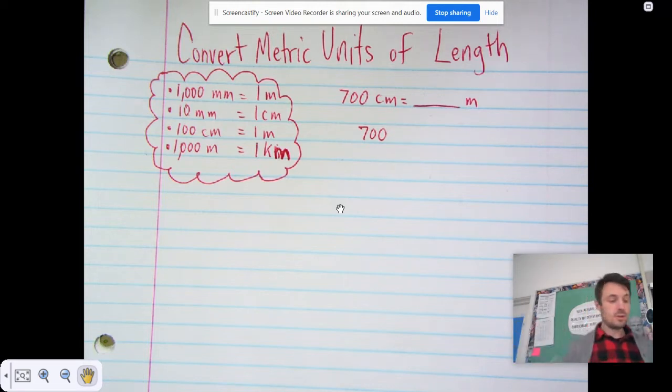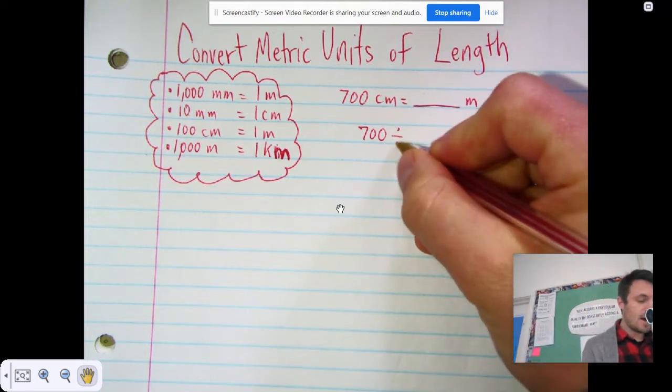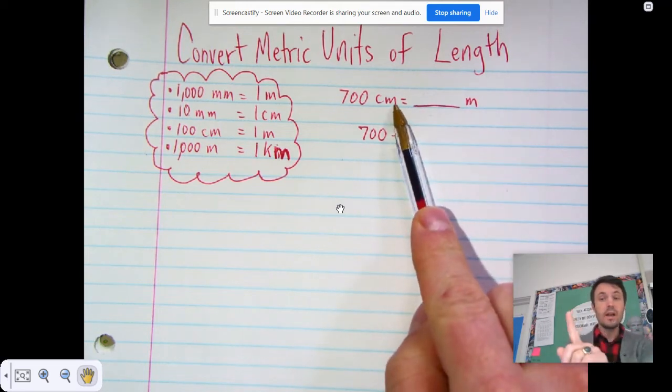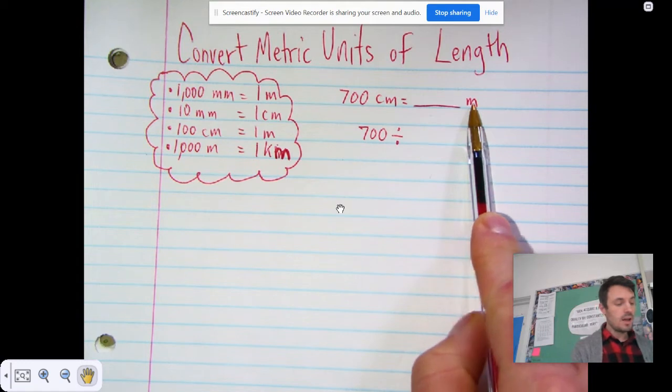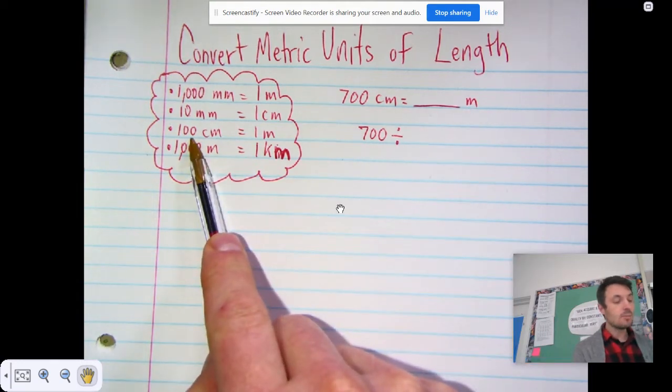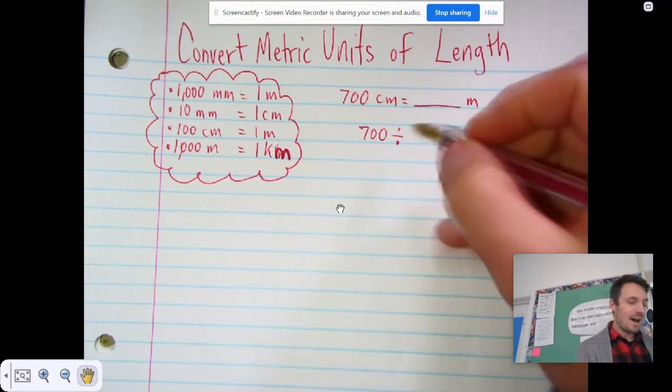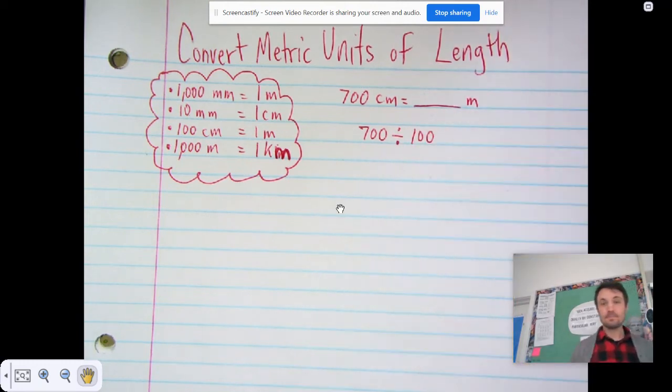So we divide. So it's going to be 700 divided by the amount of the smaller unit that can fit into one of the larger unit. And since there's 100 centimeters in 1 meter, we divide 700 by 100. And the cool thing about dividing and multiplying by powers of 10 is all we have to do, like I said, is move the decimal point to the right or left, depending on if we're multiplying or dividing.